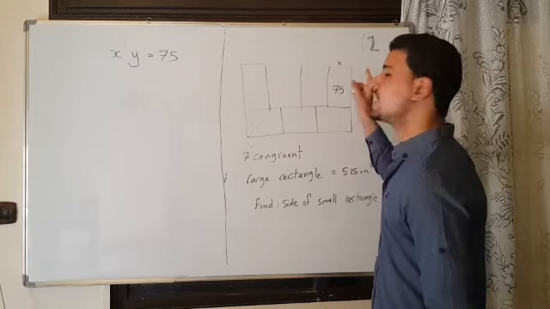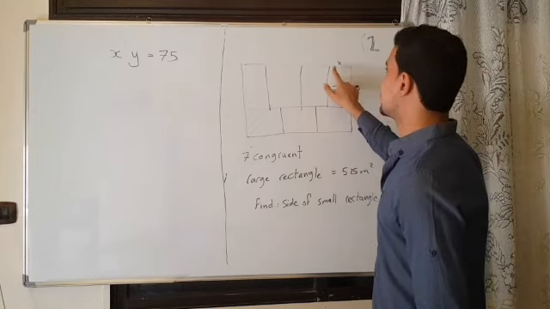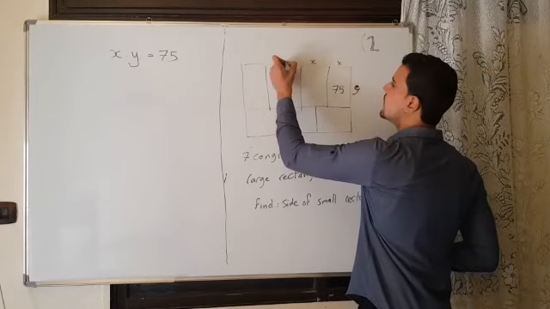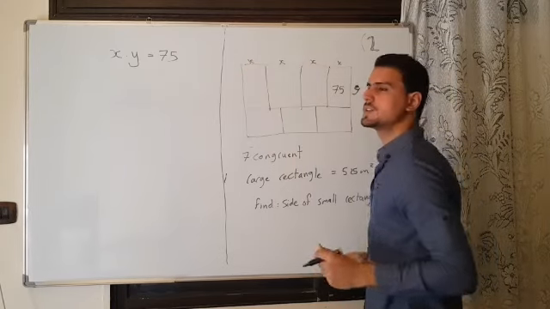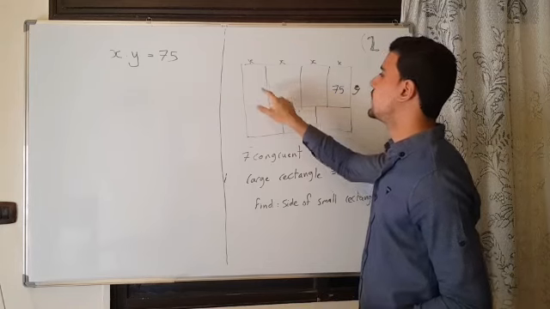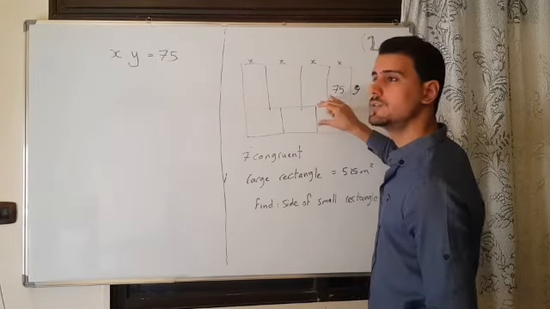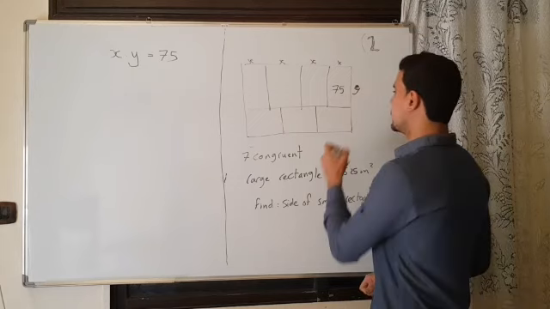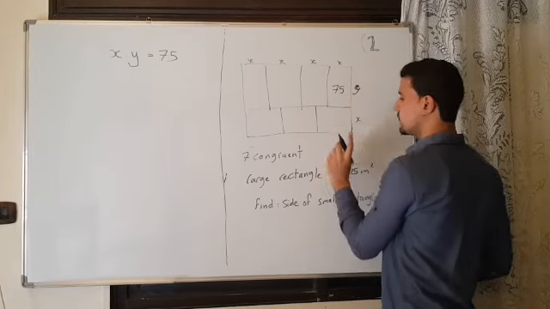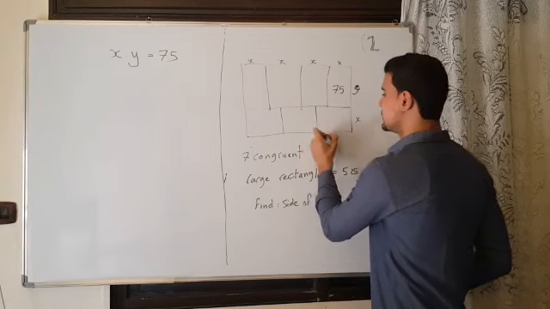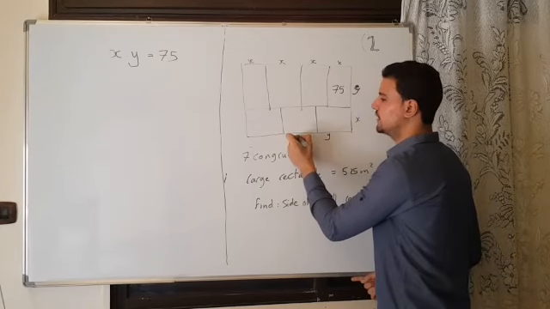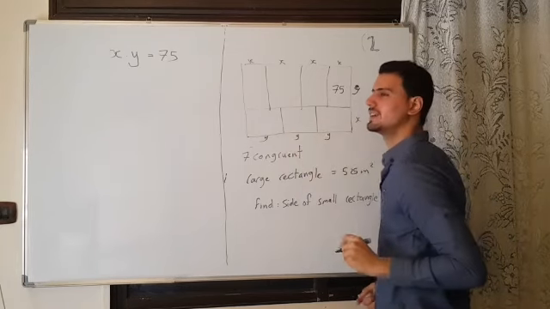Alright, the idea we got was x, 4 x's because of the 4 vertical rectangles, and when we shift the rectangle into horizontal position, we got x here, okay, but the most important is y over here, and y, and y.